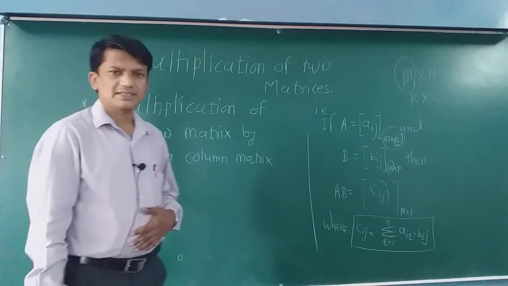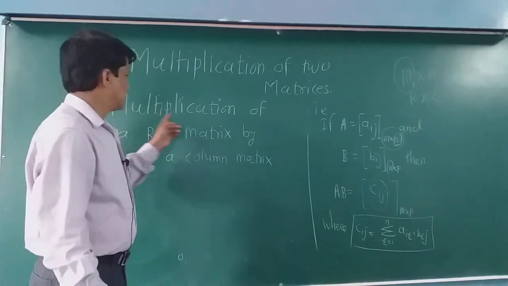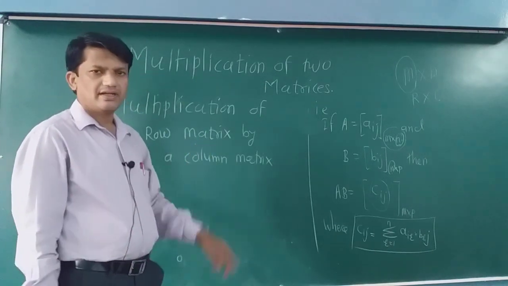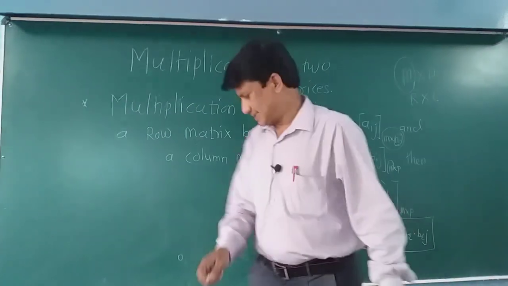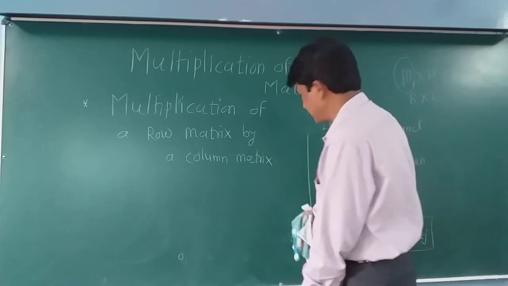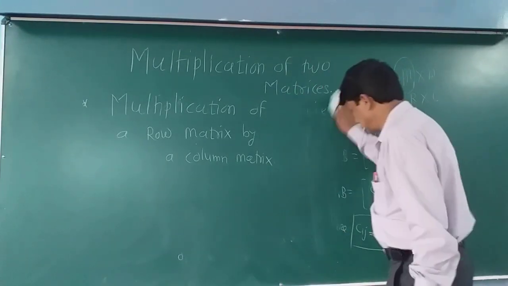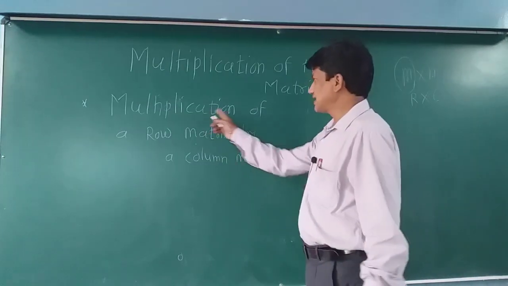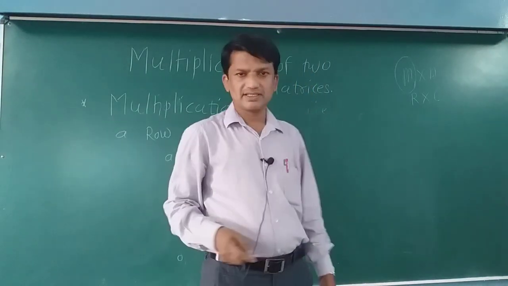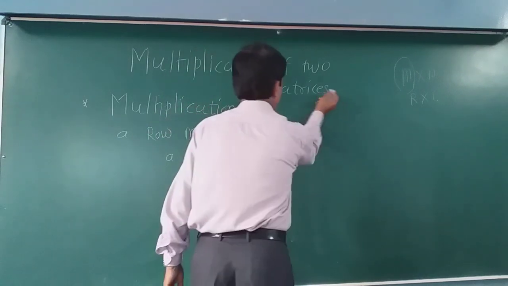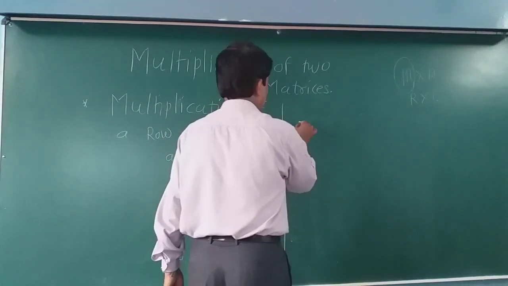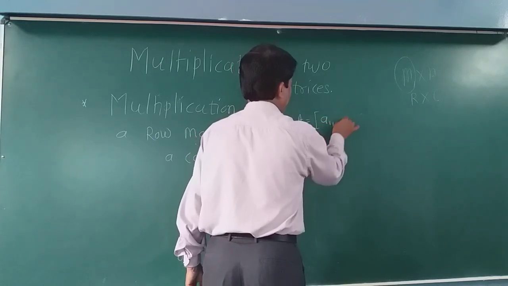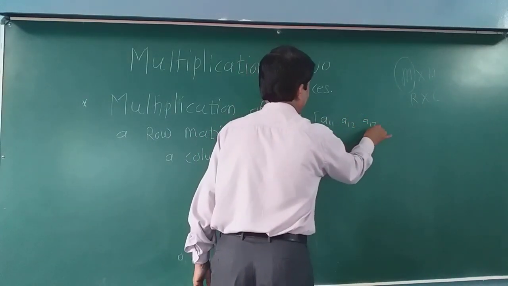Let us discuss multiplication of a row matrix by a column matrix. Suppose a matrix is given. Consider a row matrix here. Suppose a matrix A is given, row matrix A11, A12, A13.